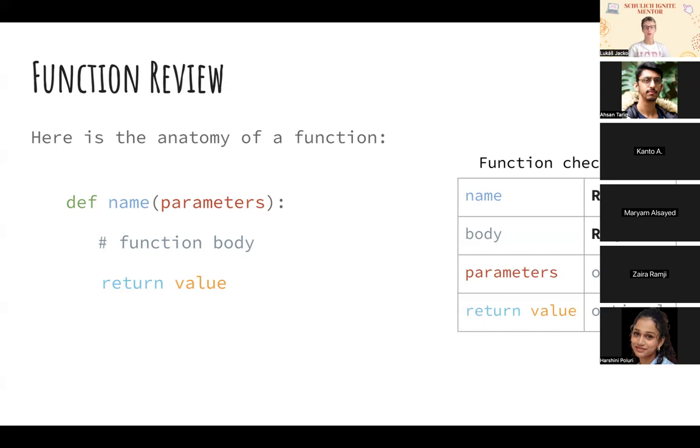If you want more than one, you will split them by comma, and it's followed by a closing bracket and a colon. Then you will define the function body with some indent, which is usually one tab or 4 spaces, and you can, but you don't have to, define a return value.